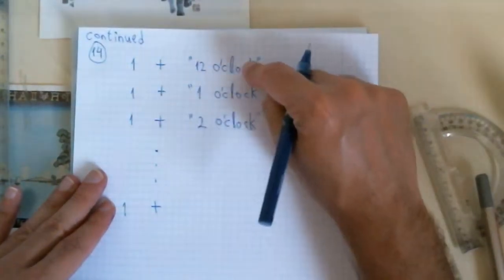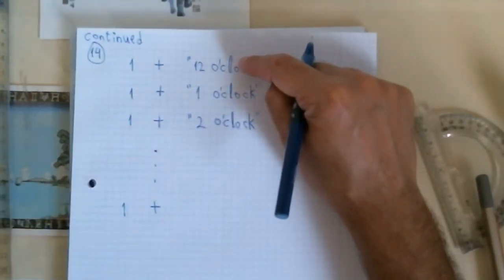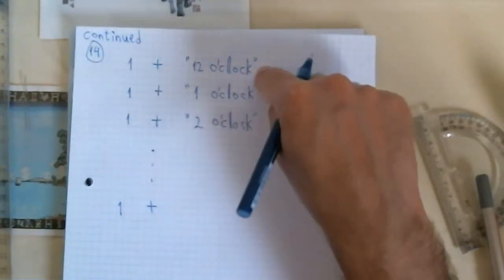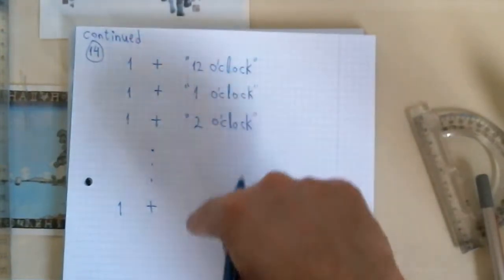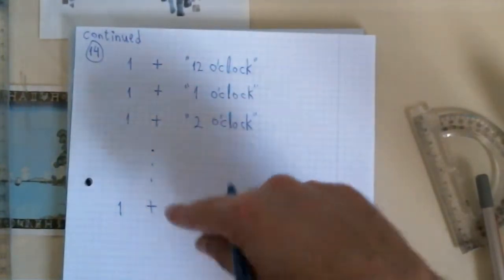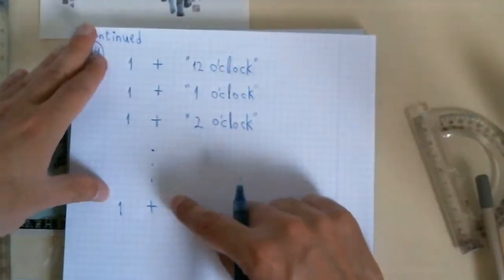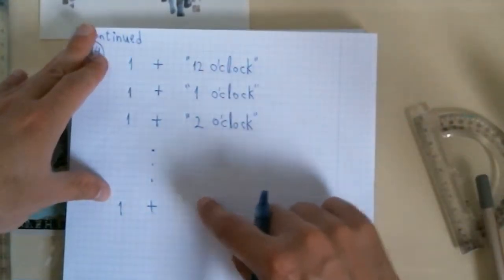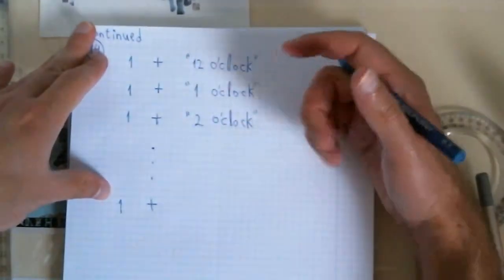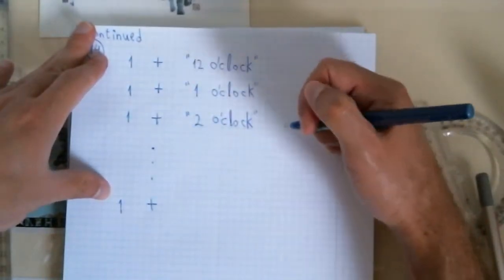well, instead of making 12 the first line, I'll make it the last line, just to make it more orderly, because I don't want to finish with 11 o'clock as the last one. It's more logical to end with 12 o'clock.